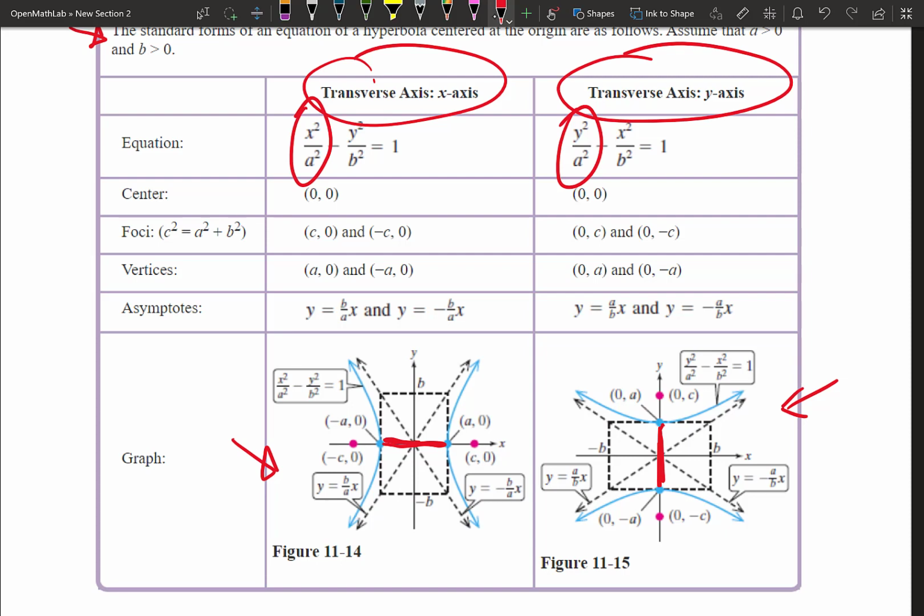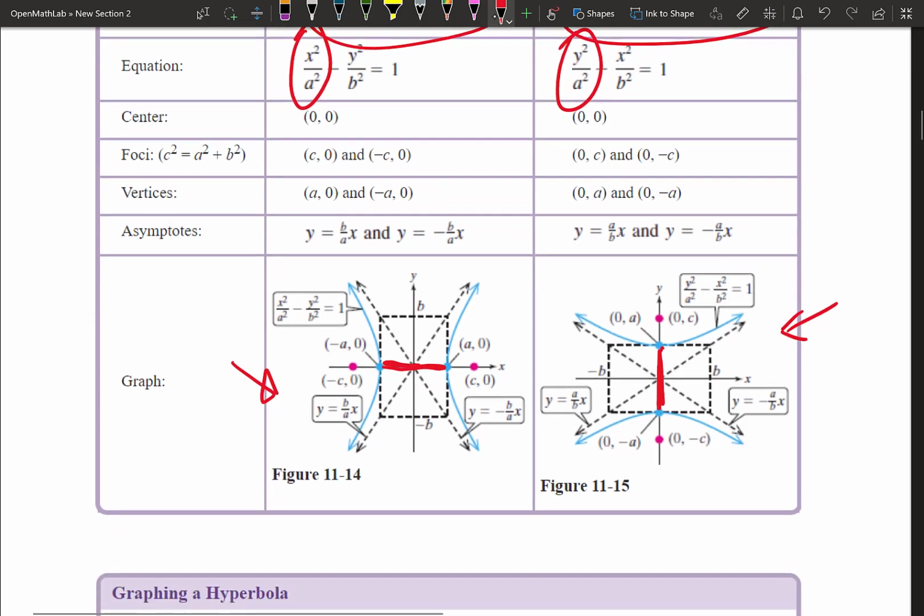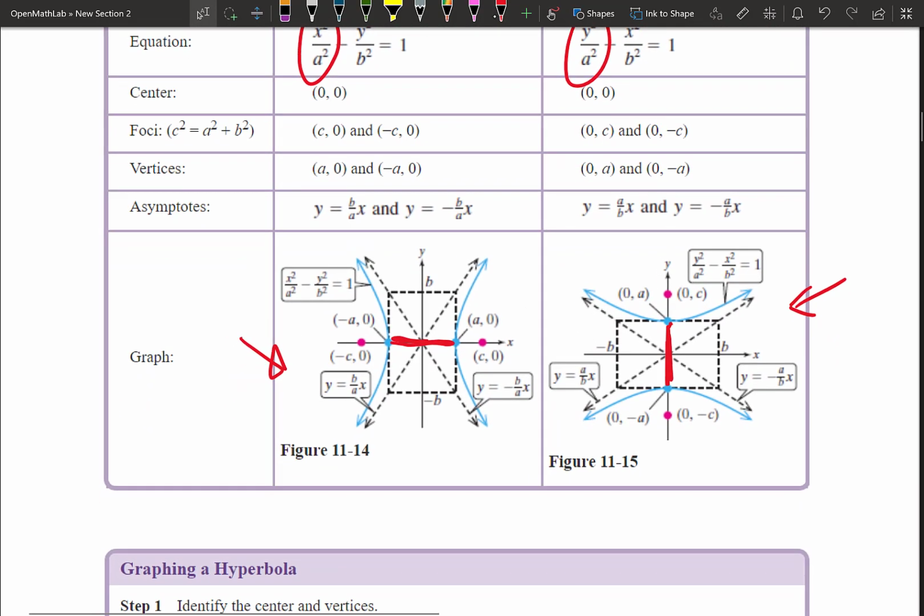Some other things to note on the graph: we have this rectangle here and these dashed lines. That is called the reference rectangle. The reason we draw the reference rectangle is the other dashed lines, drawn like diagonals through it, which are referred to as the asymptotes.